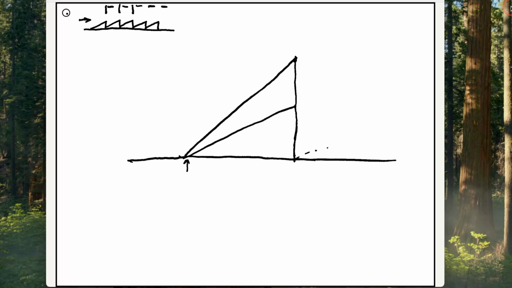Right, so this is twice the slope, or I'm sorry, twice the height here at each point along the ramp.